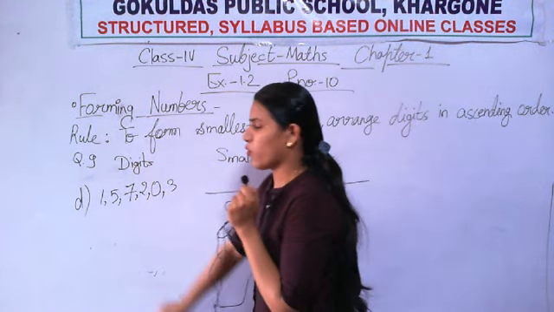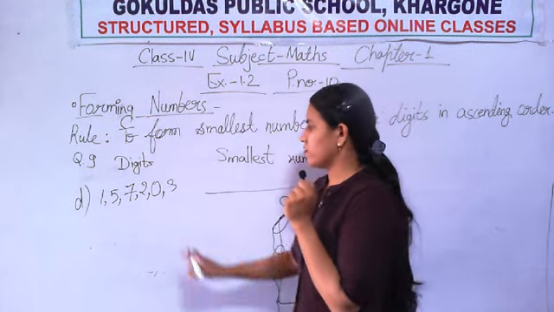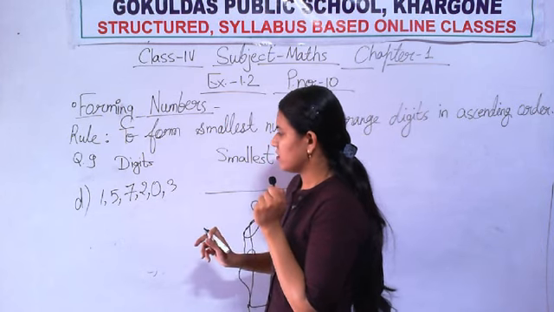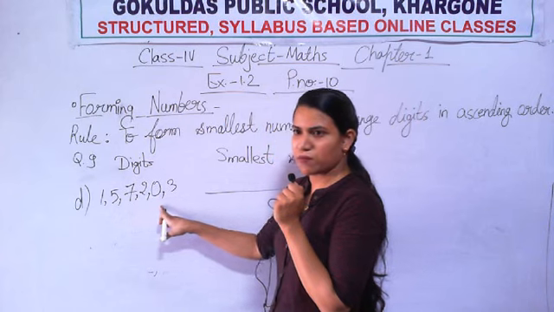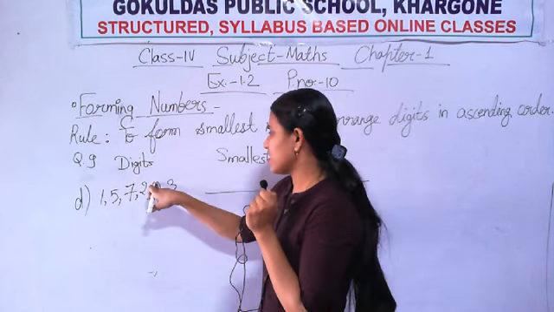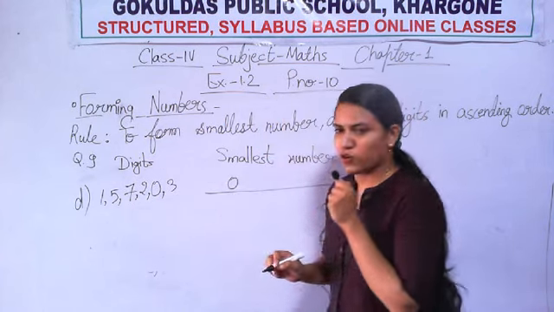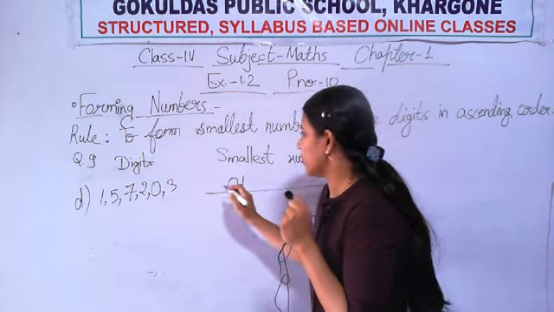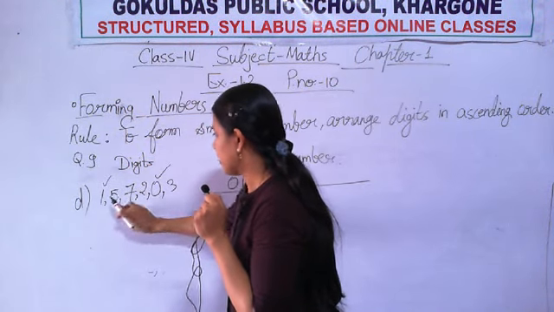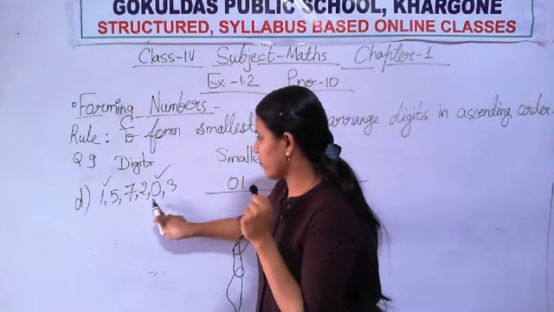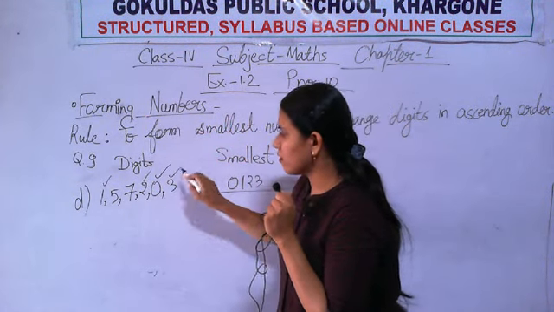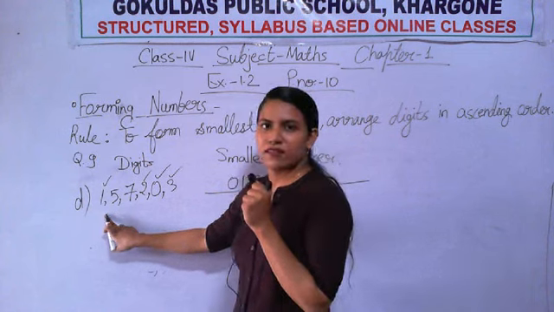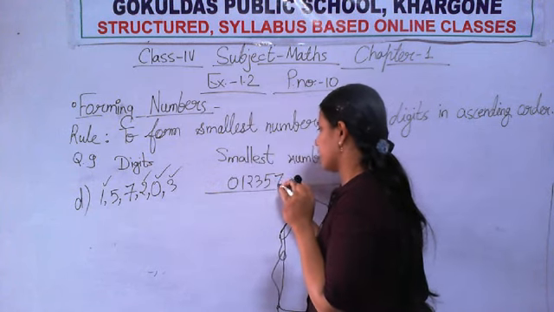So which one is the smallest among these? Find out. Is 1 smallest or is any other number the smallest? Yes, 0. 0 will come. Then 1. Then identify which will come: 2. Then 3. Then 5. And lastly 7 will come.